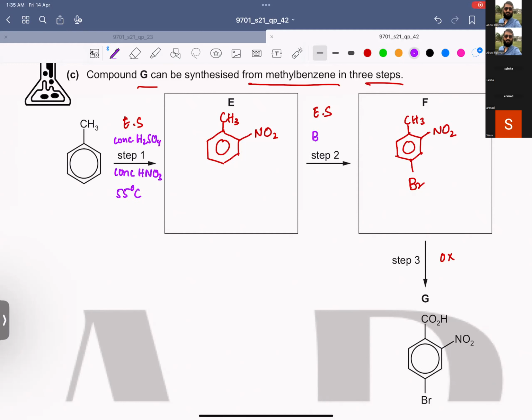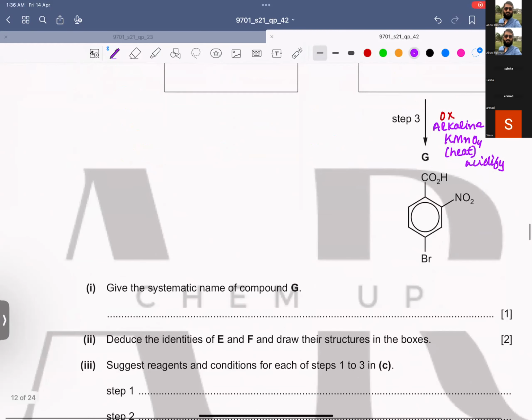In step 2, I need bromine with anhydrous AlBr3, and for oxidation we need alkaline potassium manganate 7, then heat it, and then further acidify to convert the salt of carboxylic acid into carboxylic acid. So give the systematic name of compound G.